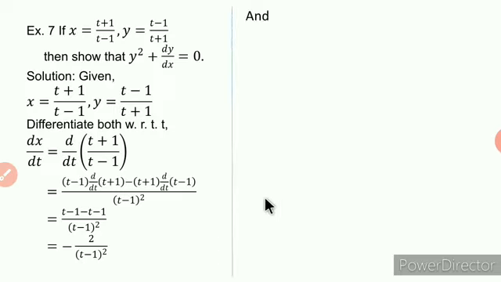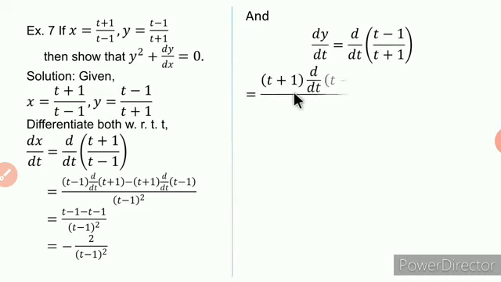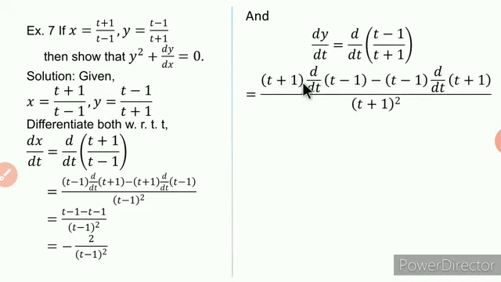And dy upon dt is d by dt of (t minus 1) upon (t plus 1). Again we use here the formula for derivative of a quotient, means u upon v. So dy upon dt is equal to (t plus 1) into d by dt of (t minus 1) minus (t minus 1) into d by dt of (t plus 1), divided by (t plus 1) whole square.